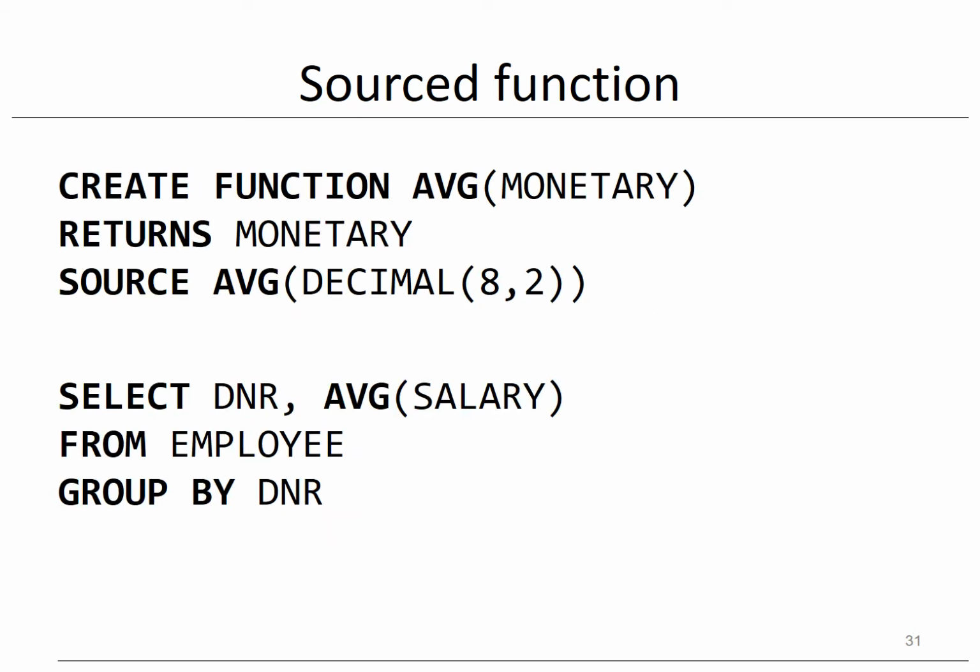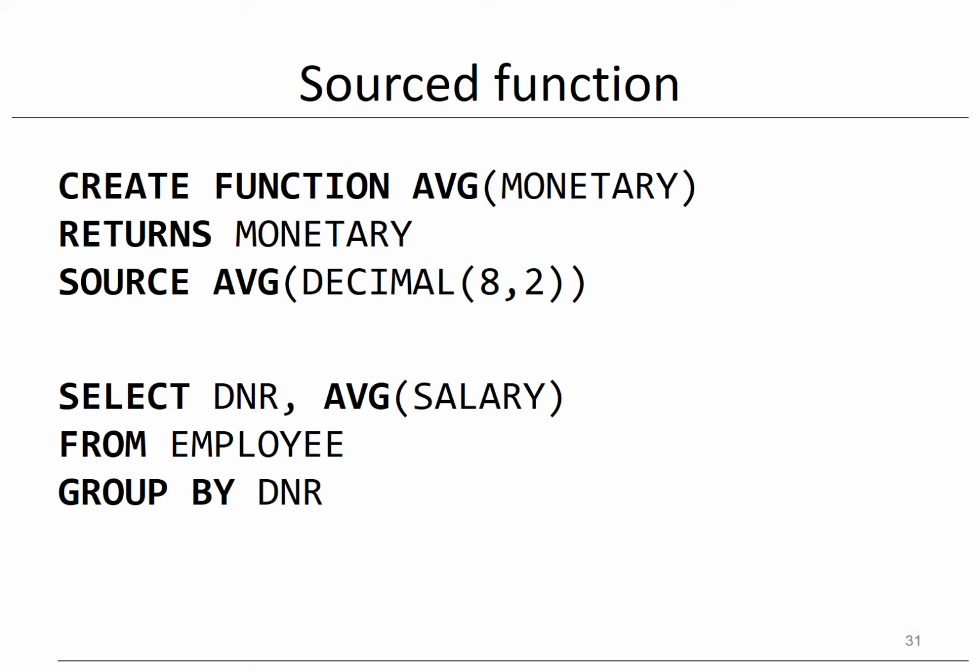Let's now define a sourced UDF to calculate the average, as you can see at the top of my slide. The name of the sourced function is average monetary. The return data type is monetary, and the source function is the built-in function average decimal. We can now invoke this function by using the following query.